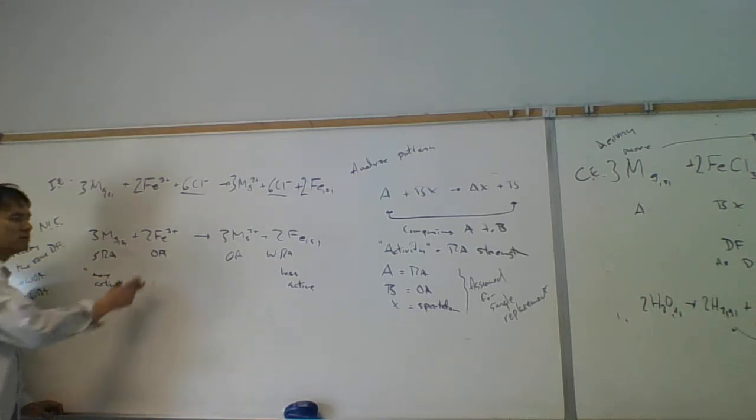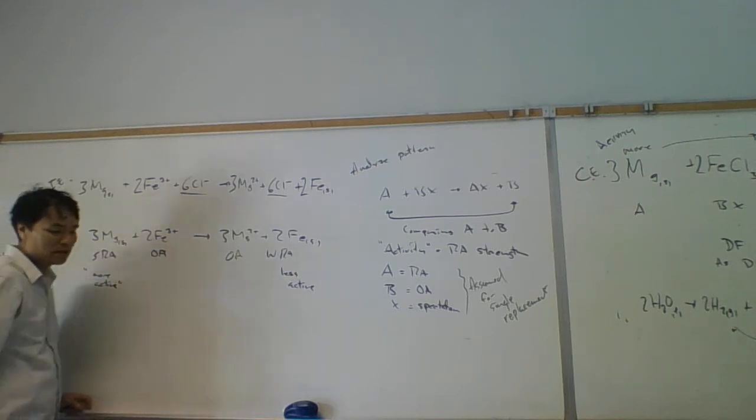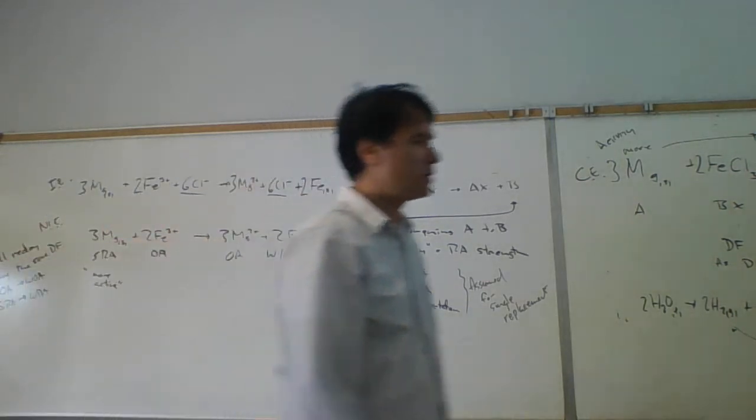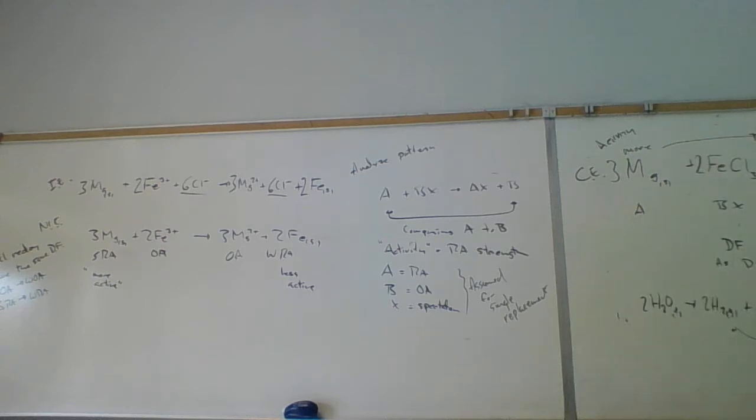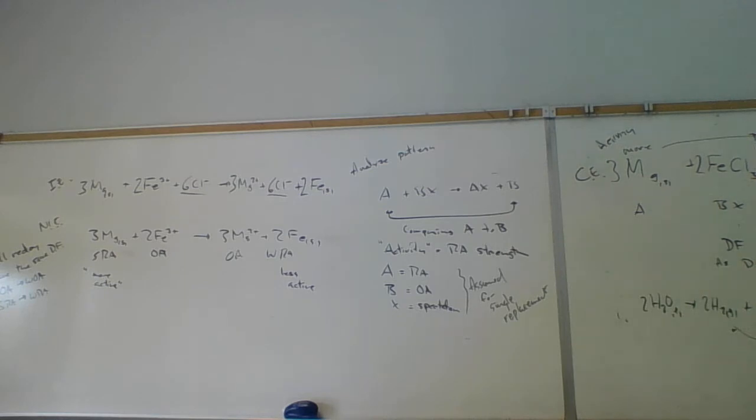Now the oxidizing agents follow the same. We only have to look at one. We only have to look at the activity of the reducing agents because the oxidizing agents will have the same activity based on the conjugate relationship. But we'll check it anyway. As far as oxidizing agents go, the top is fluorine. And so let's compare iron 3, there's iron 3 up there, with magnesium 2 plus.